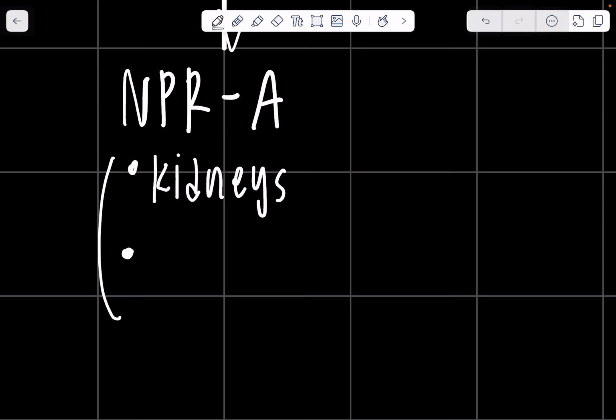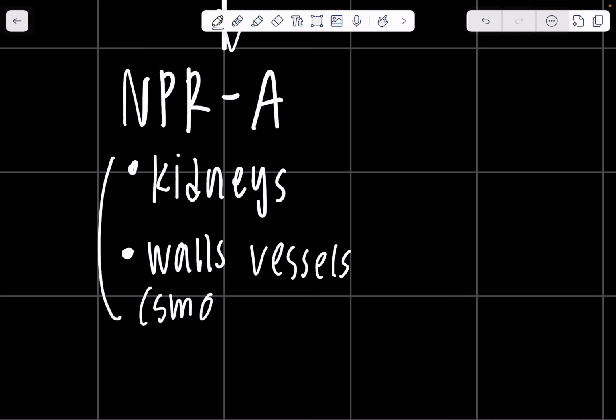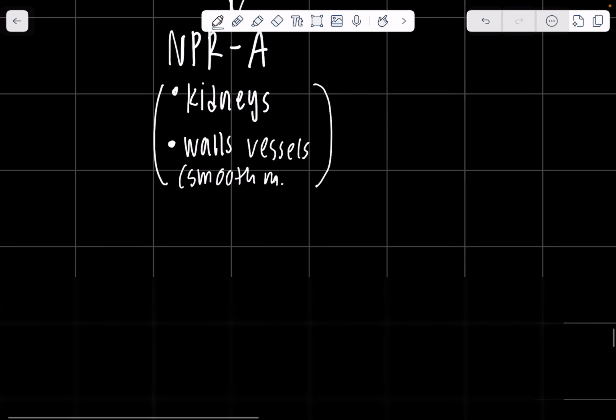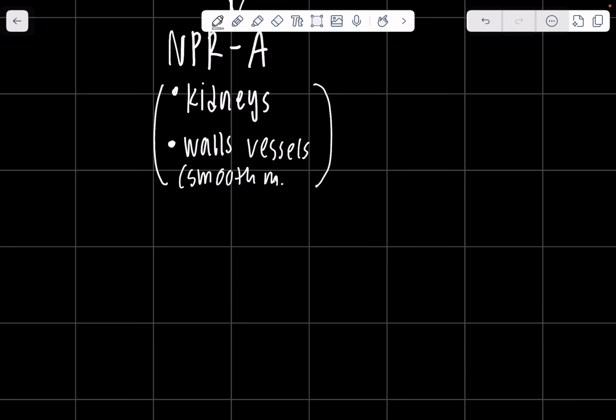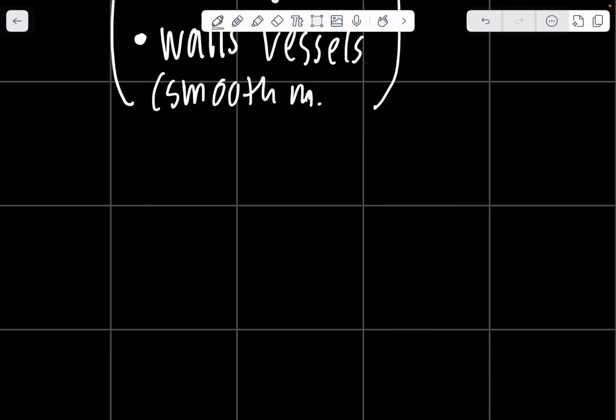So smooth muscle is specifically found in the walls of our blood vessels. I'll put smooth muscle in parentheses. Smooth muscle. Okay.